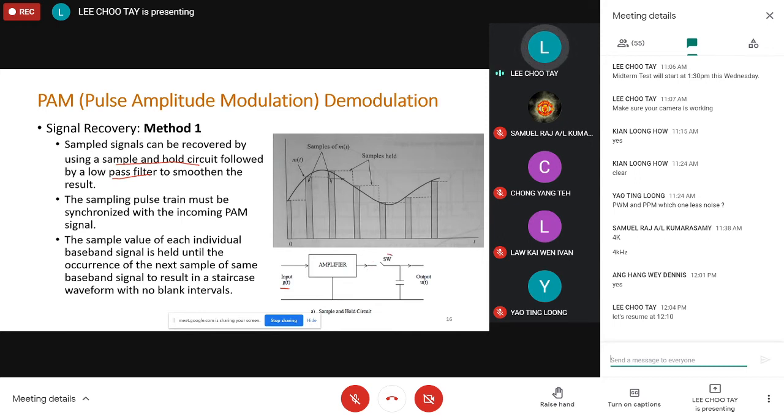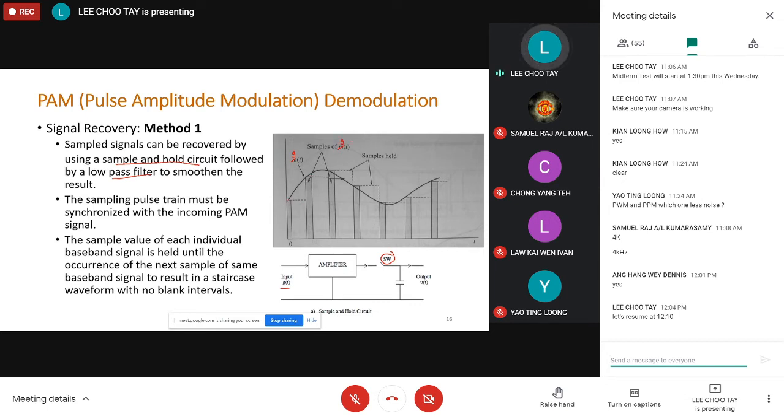So we have a switch to perform the sampling. Okay, this is g(t). Sorry, I have to make a correction over here. This is g(t), the signal coming in, and this is a sample of g(t).